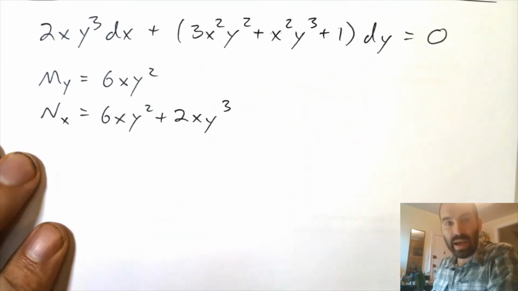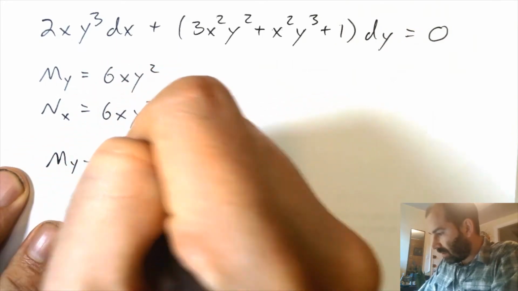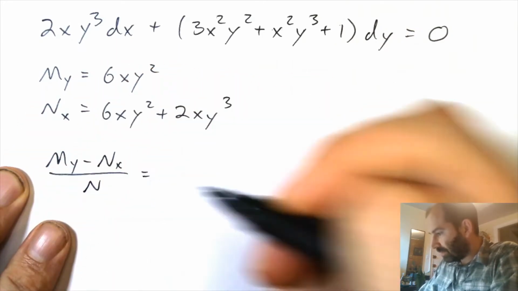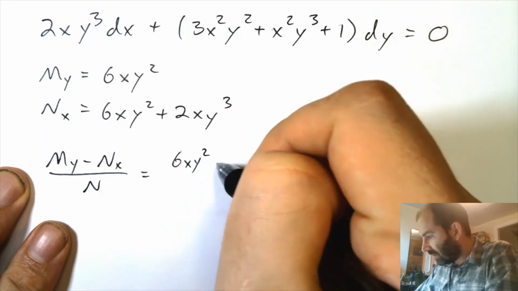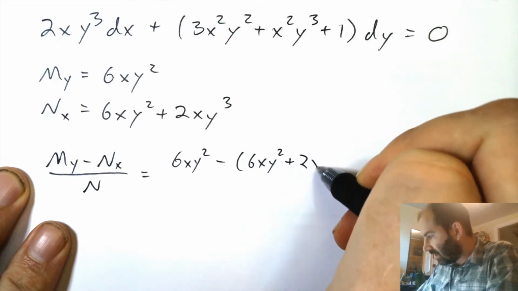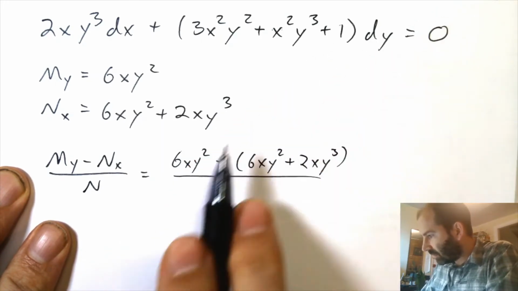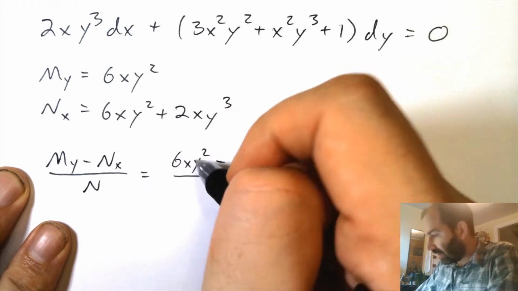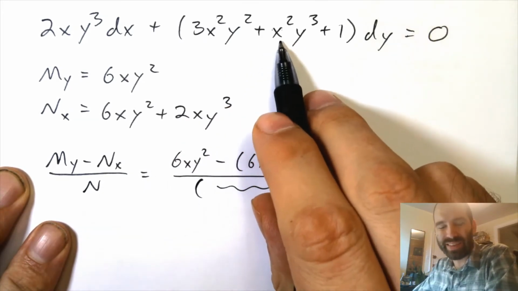What is my minus nx over n? Well, that's this minus this. What's n? N is this whole thing.